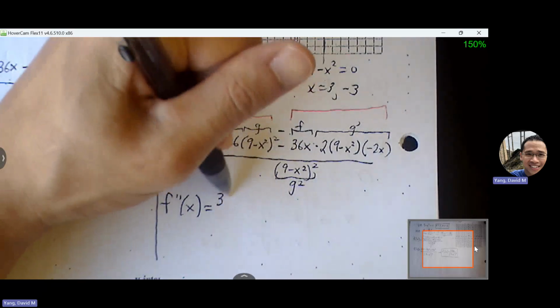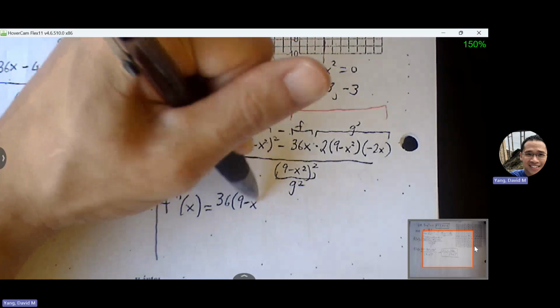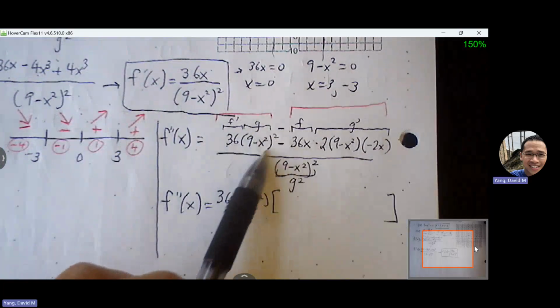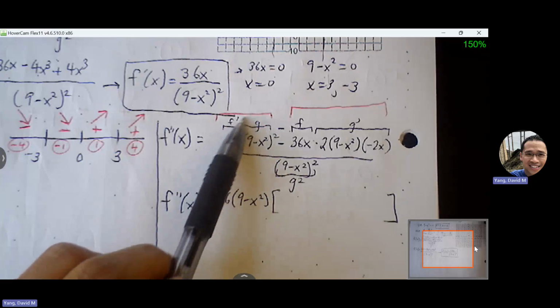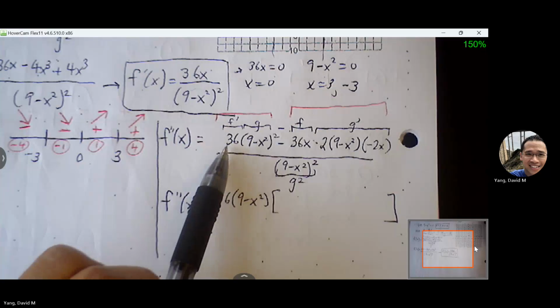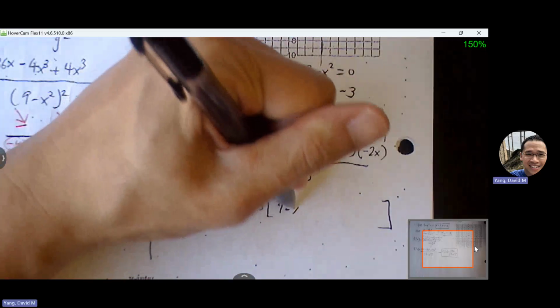So if I take out a GCF of shared factors of 36 and 9 minus x squared, that means I'm dividing a 36 and 9 minus x squared from this piece, which will leave me with just what? Just 9 minus x squared. Okay, so I have 9 minus x squared here.